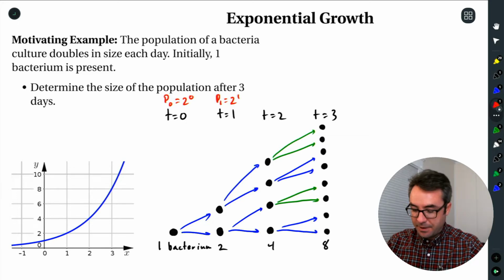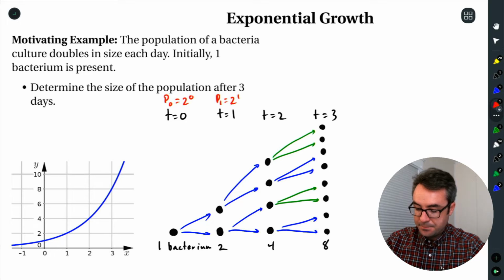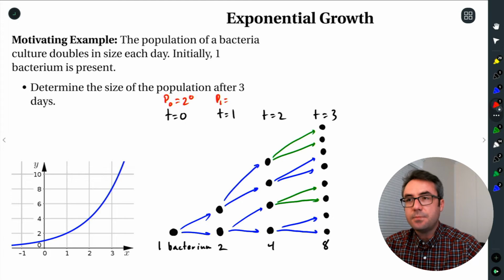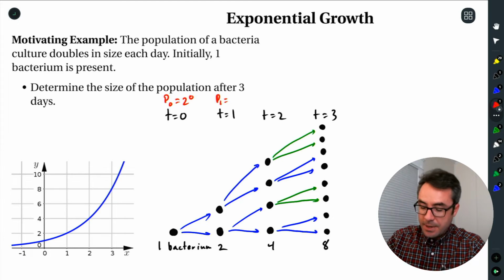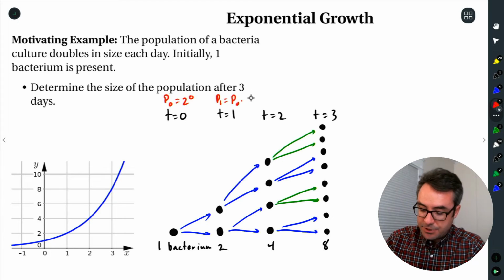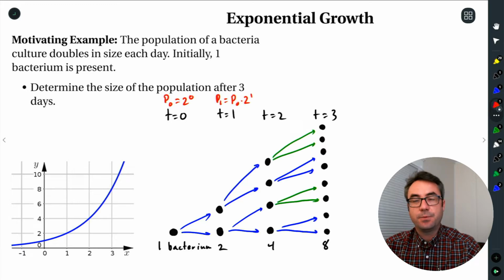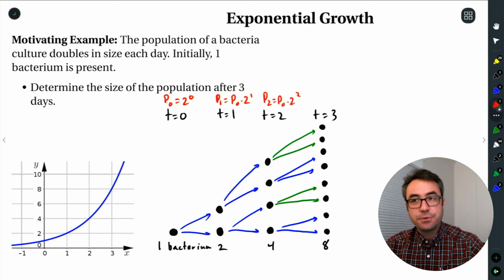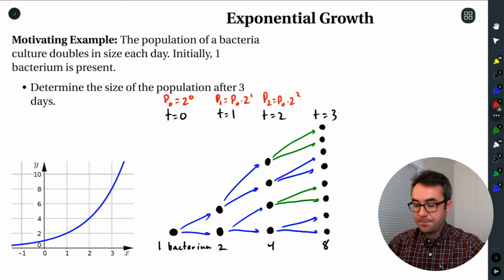Well, not quite 2 raised to the power 1. It would be whatever our starting population is times 2 raised to the 1. And then on day 2, it would be whatever our starting population was times 2 squared, so 4.